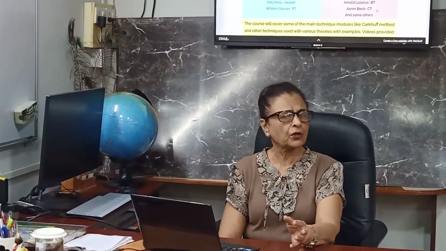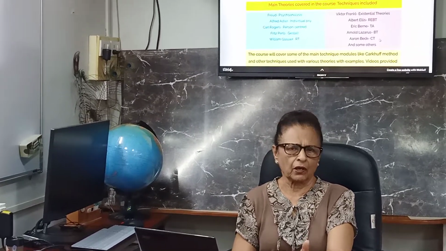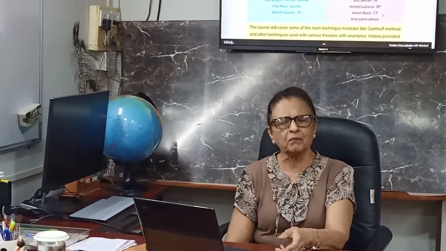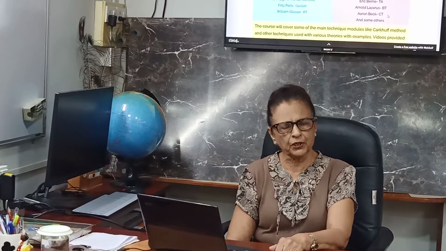So this is how the very thorough course in PG diploma in counseling is conducted for you. This will take about 1 year or say maximum 15 months for you to complete the course.